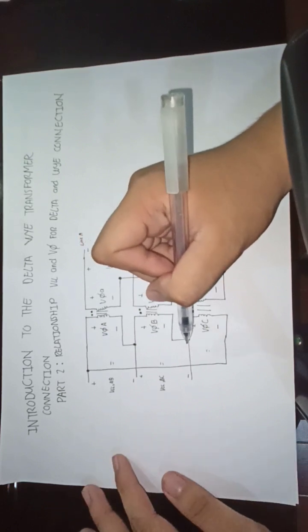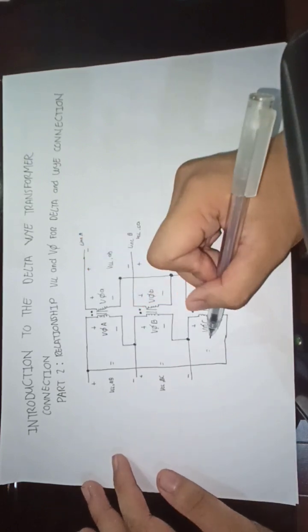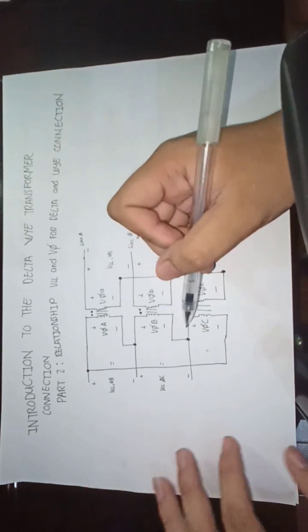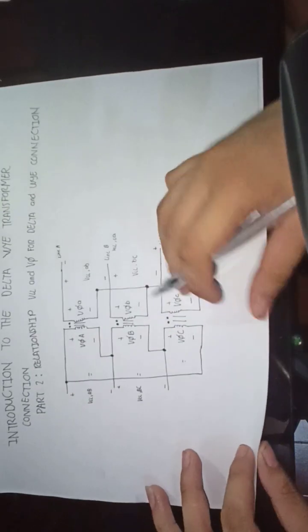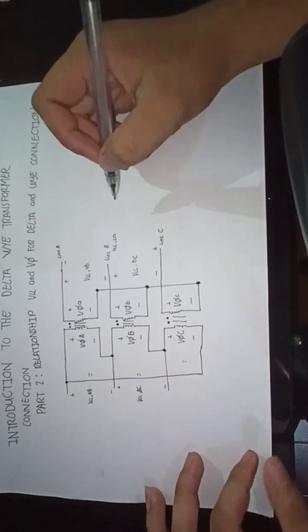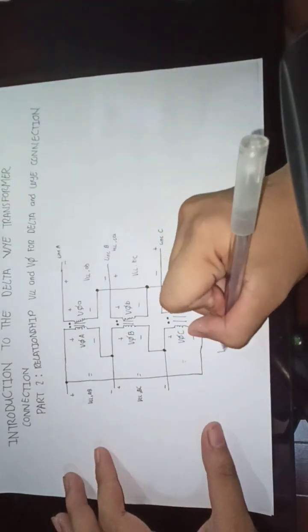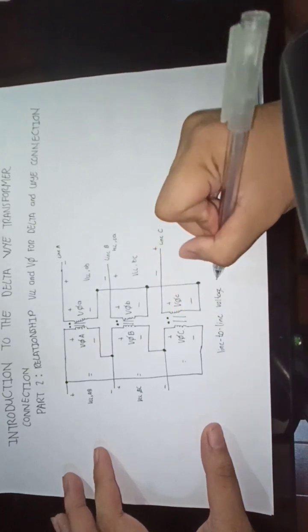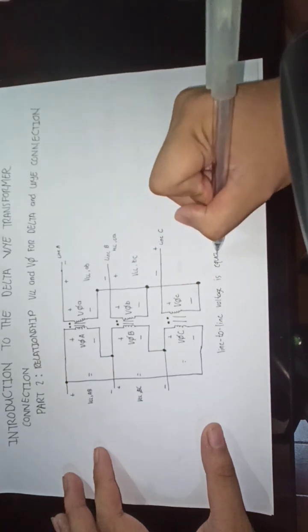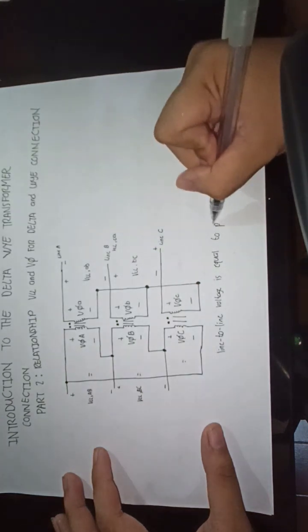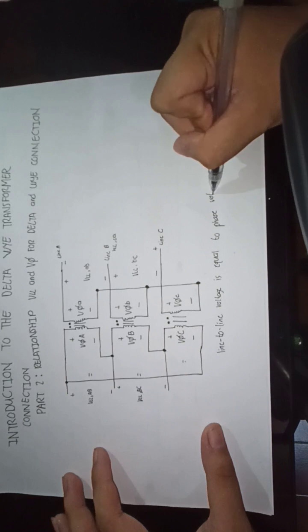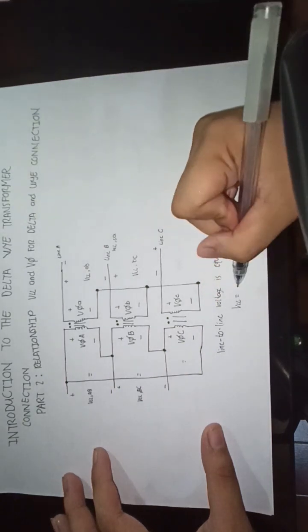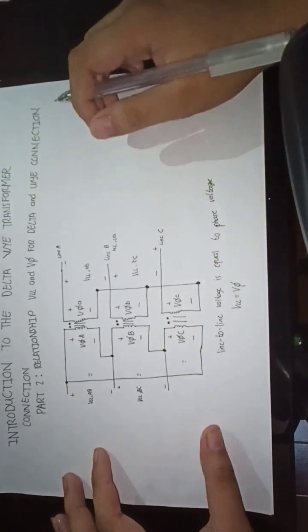And similarly, C and A is equal to phase C voltage. So for a delta connected transformer, we should expect that line-to-line voltage is equal to phase voltage.